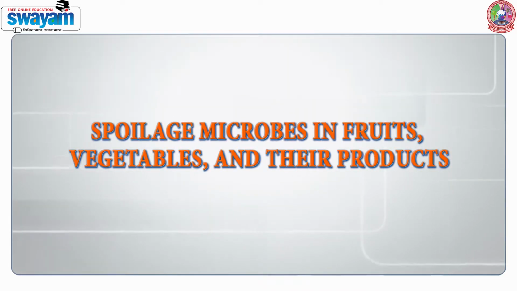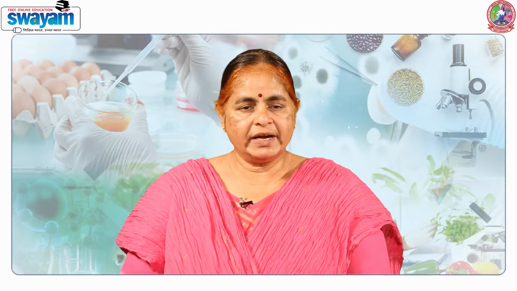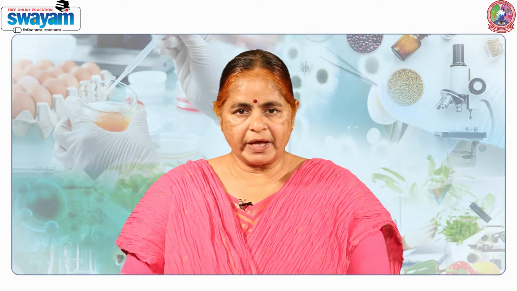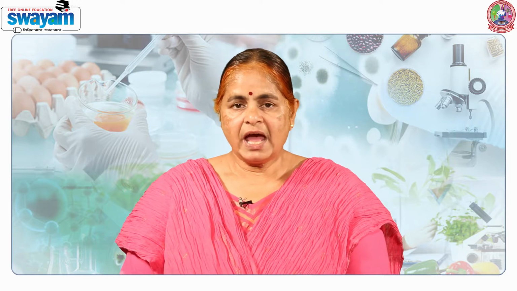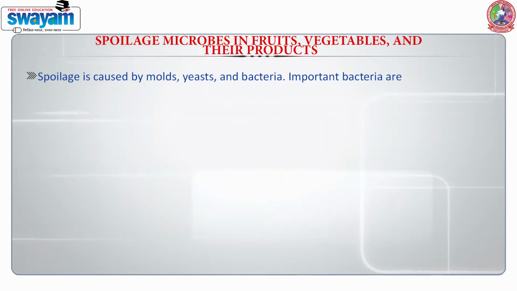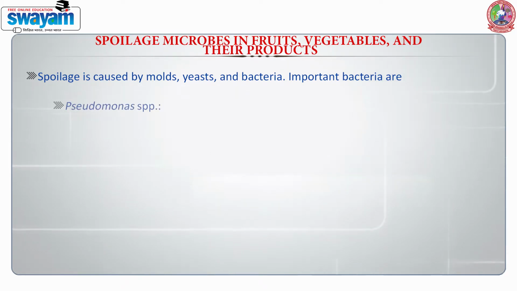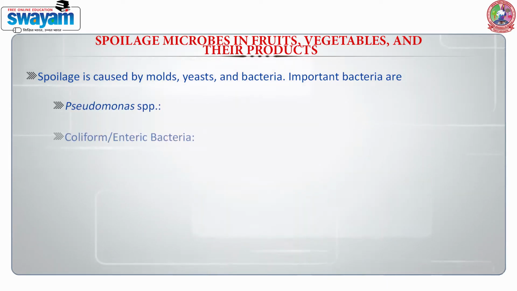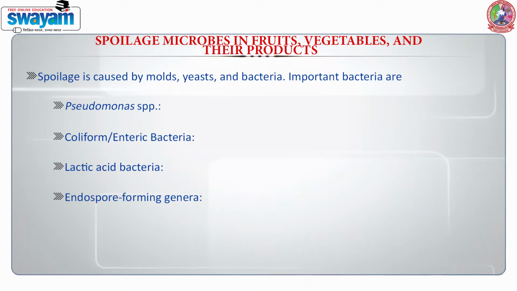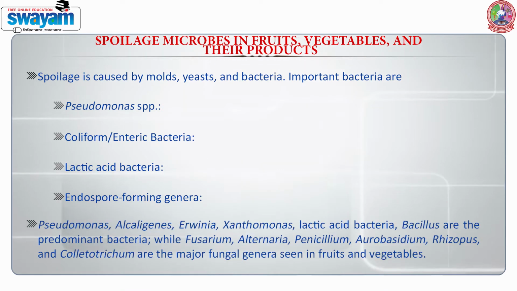So students, let us know what are the spoilage microbes in fruits and vegetables and their products. A group of microorganisms which include molds, yeast, and bacteria are responsible for the spoilage of fruits and vegetables and also their products. The important bacteria are Pseudomonas species, some of the coliforms like enteric bacteria, lactic acid bacteria, and spore forming bacteria such as Pseudomonas, Alcaligenes, Erwinia, Xanthomonas.